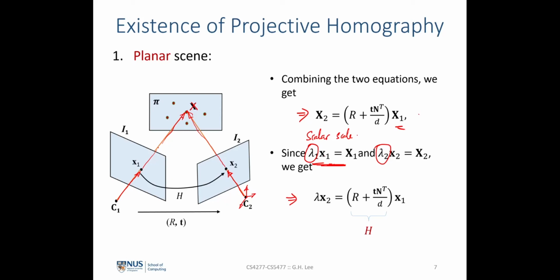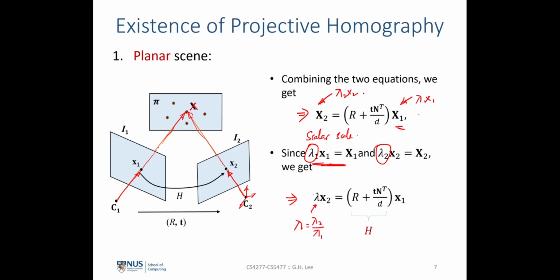So I'm replacing capital X1 over here with lambda 1 small x1, this is my image point, and I'm replacing capital X2 here with lambda 2 and small x2 here. And now I can combine these two lambdas together. I can simply rewrite lambda equals lambda 2 divided by lambda 1 here.